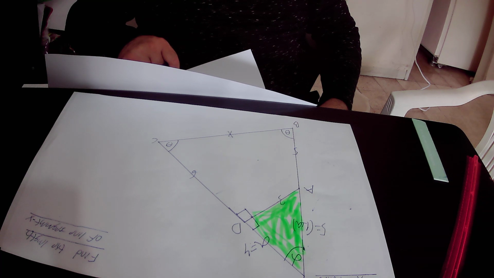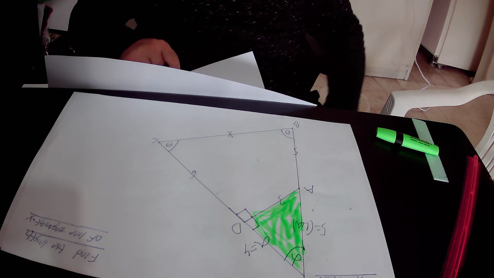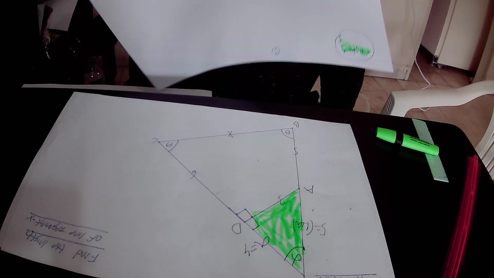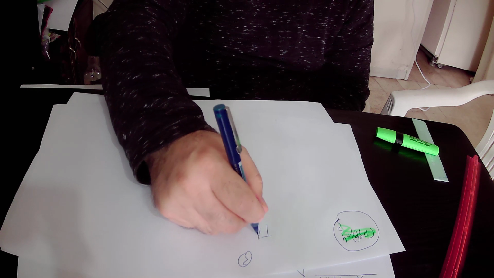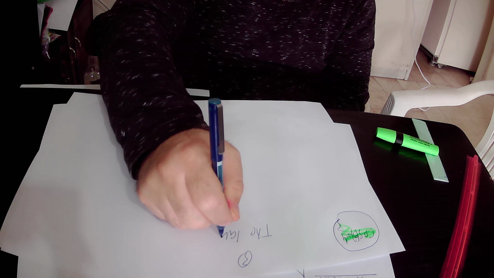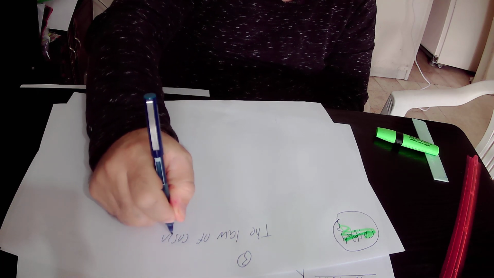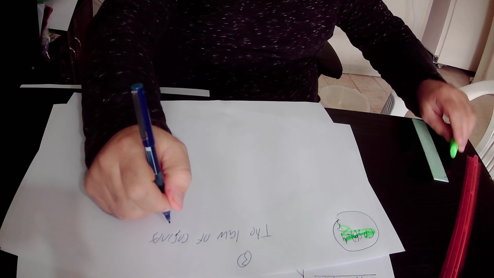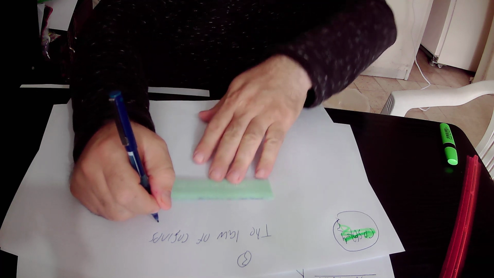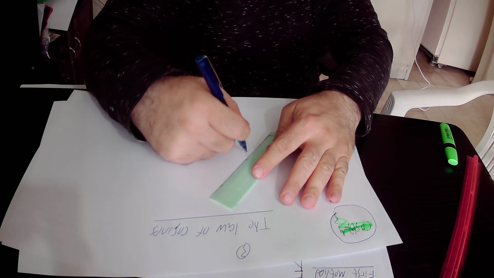In the next step, I will present to you a new rule, and we will implement the new rule in this triangle, triangle ABC. The new rule is actually the law of cosines. It is true in any triangle, so here we have triangle ABC that could be any triangle.